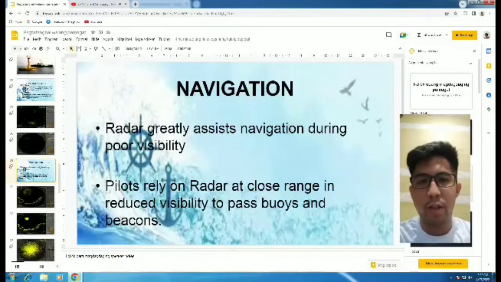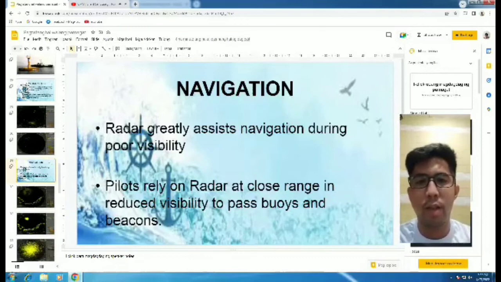Radar greatly assists navigation during poor visibility. Pilots rely on radar at close range in reduced visibility to pass buoys and beacons.